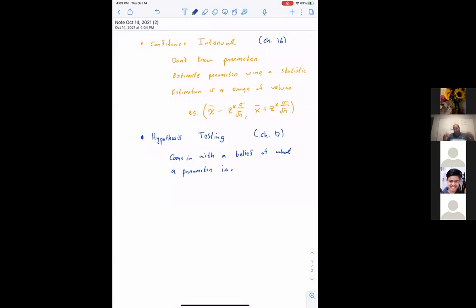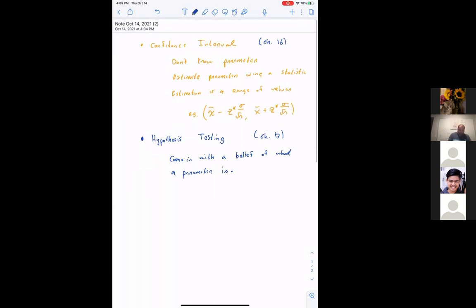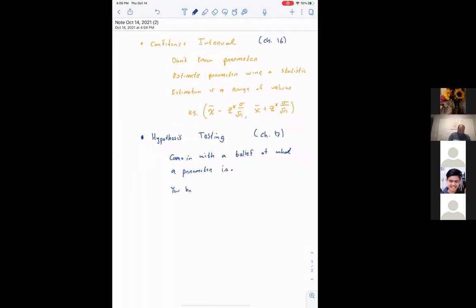So you come in with the belief of 2 liters per bottle. You decide to test that. You have an alternative belief that questions the original.